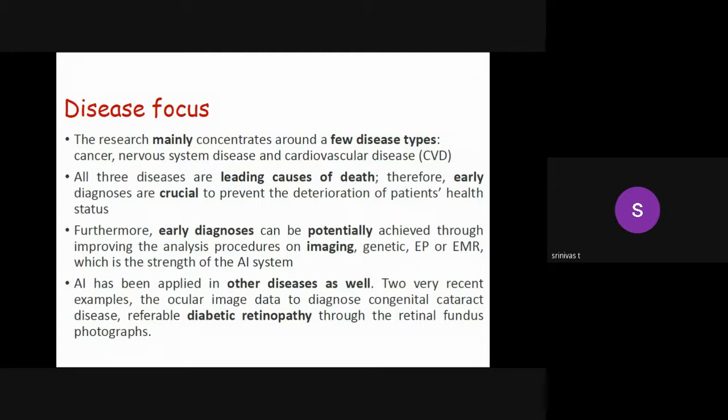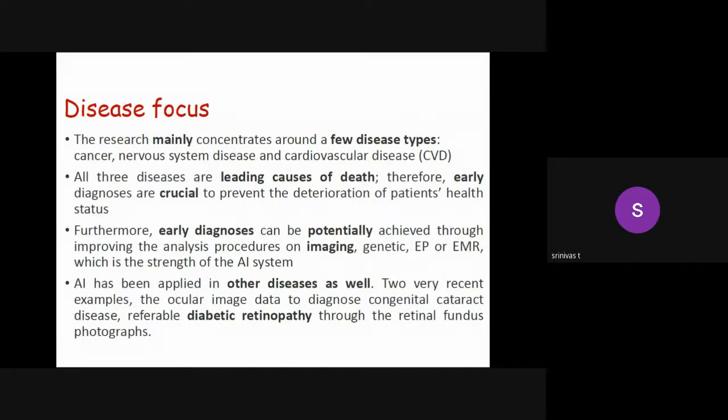Therefore, early diagnosis is crucial to prevent the deterioration of the patient's health status. Furthermore, early diagnosis can potentially be achieved through improved analysis of imaging, genetic, EP, and EMR data, which is the strength of the AI system. Imaging plays a very important role in this disease focus. AI has been applied to other diseases as well.